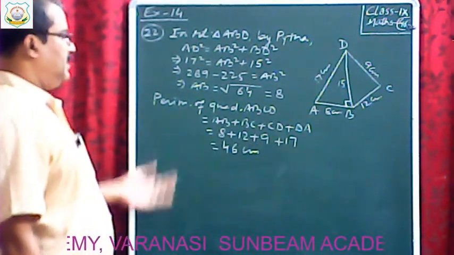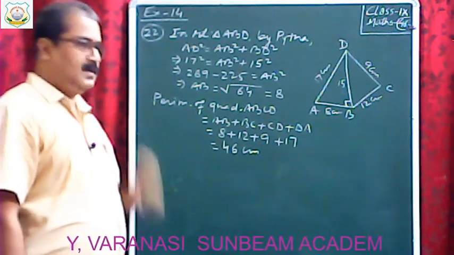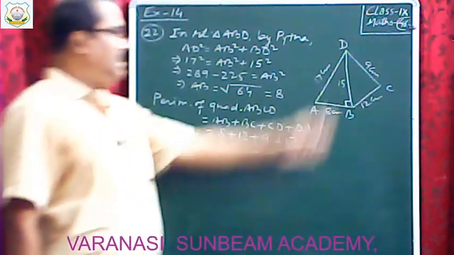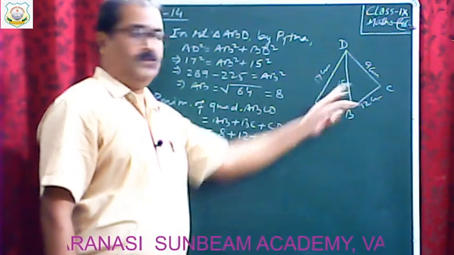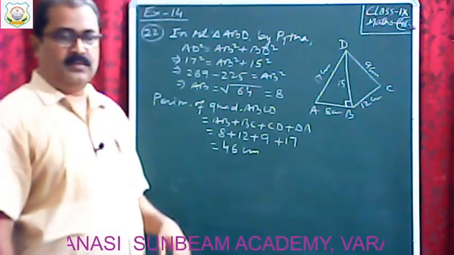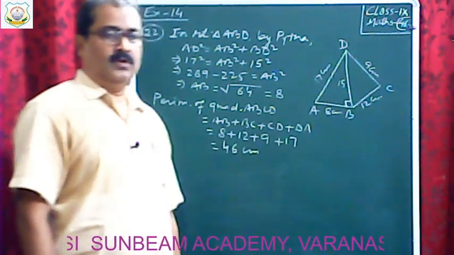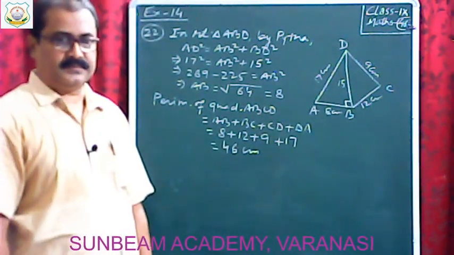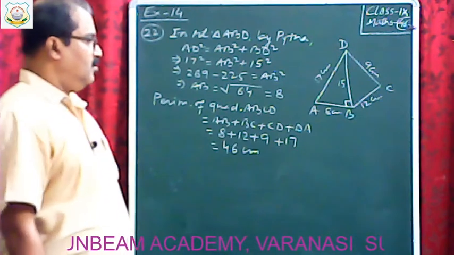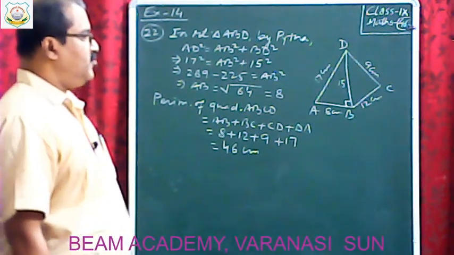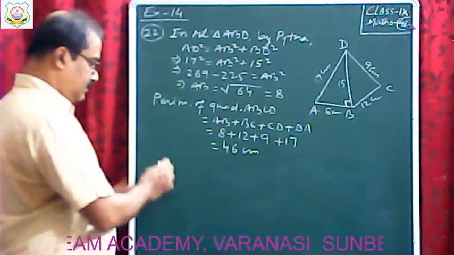Okay, perimeter. Thereafter you have to find area of the quadrilateral. One diagonal is there, BD, the quadrilateral is divided into two triangles. One by one you have to find area of both the triangles, and sum of the areas of both the triangles is equal to area of quadrilateral ABCD. Clear? So first of all you have to find area of triangle ABD, which is a right triangle.